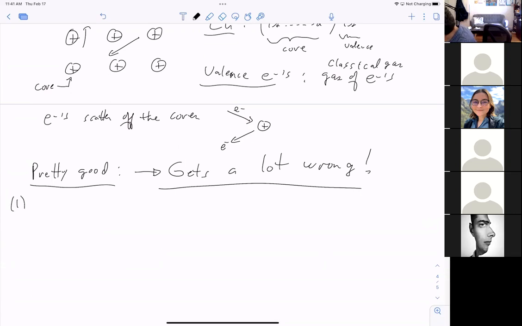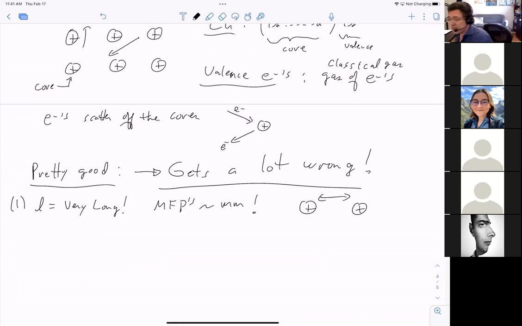One failure is that people noticed that electrons in crystals have a very long mean free path. L can be very long. For example, people observe mean free paths on the order of a millimeter. That's really gigantic. And the distance between ion cores?